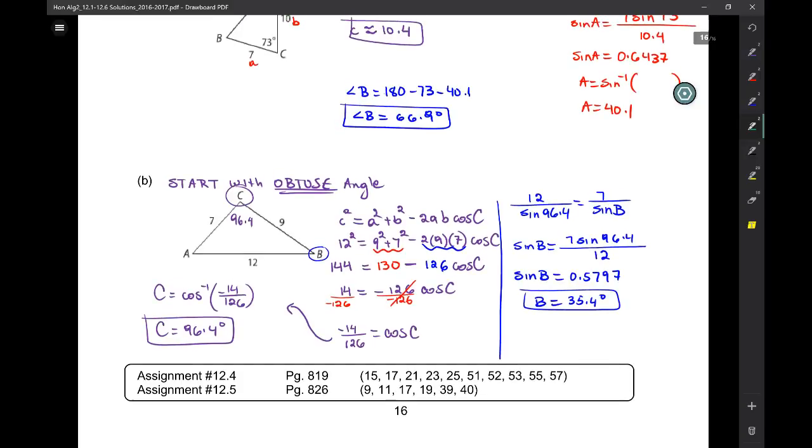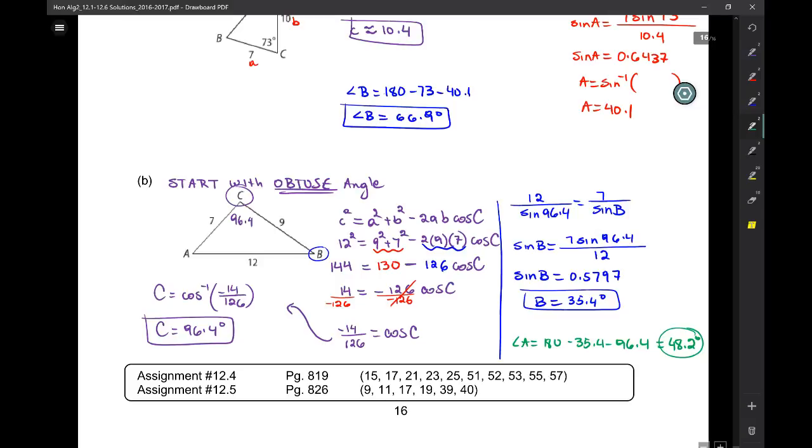Okay? And then angle A is 180 minus 35.4 minus 96.4. How much is that? 48.2. Okay.